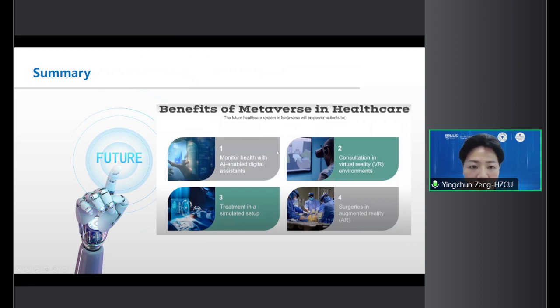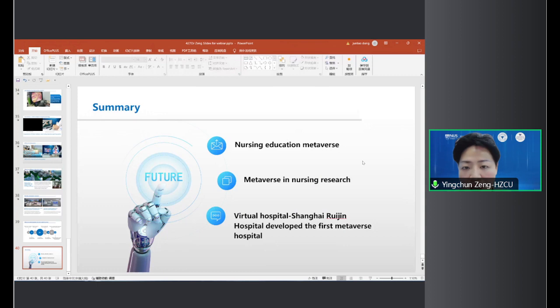So actually, in the future, we will have more and more advanced technology in nursing education. Just now, I only introduced several examples. Actually, many technology companies have introduced many products. How to apply these education methods in nursing? For us, I just introduced 2 examples to show how to apply methods in elderly care and intensive care.